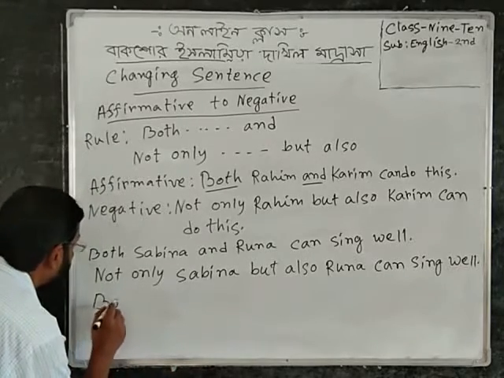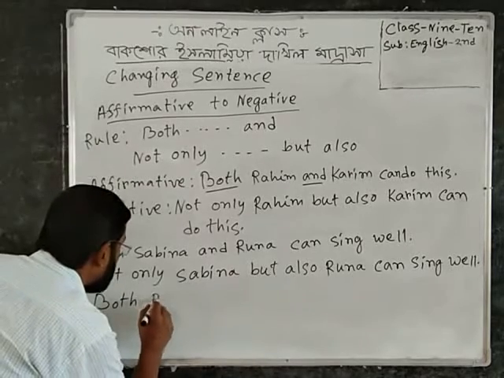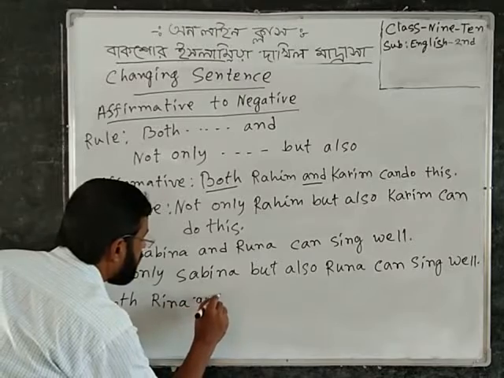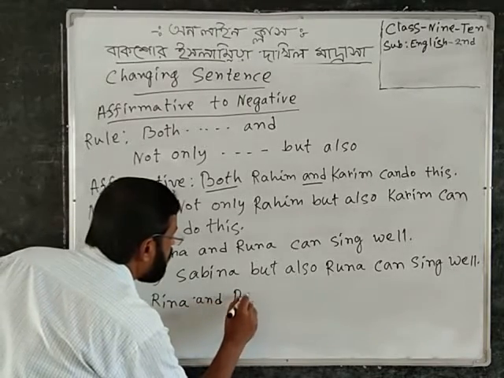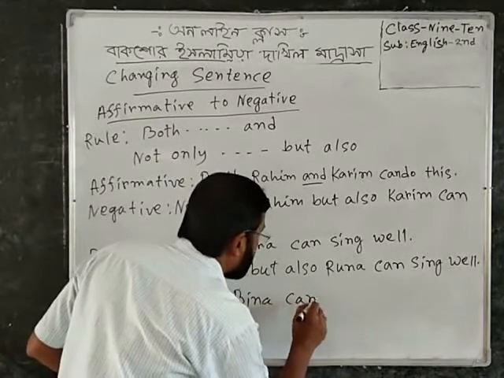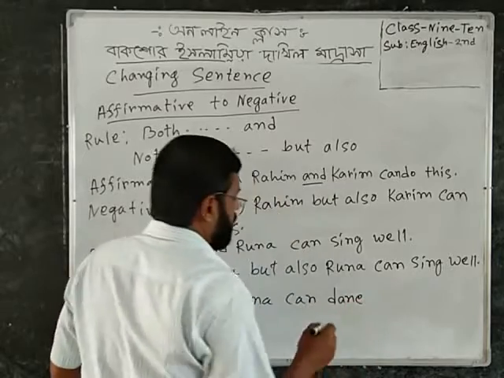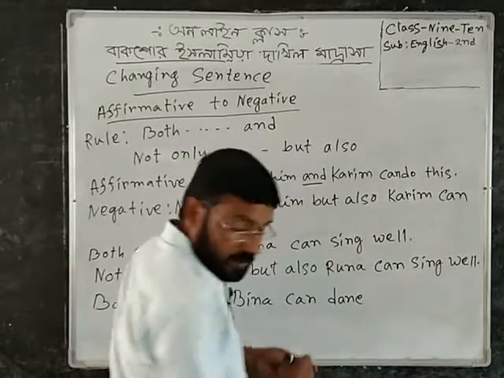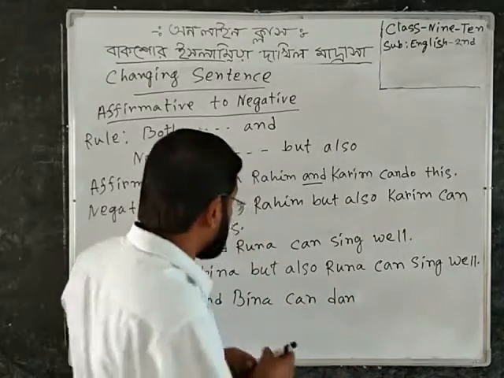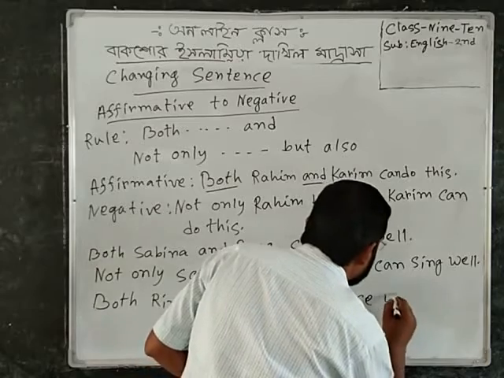Another example: both Rina and Bina can dance well.